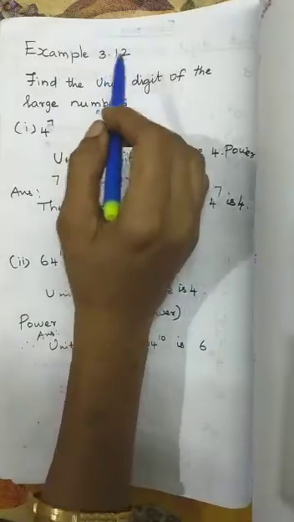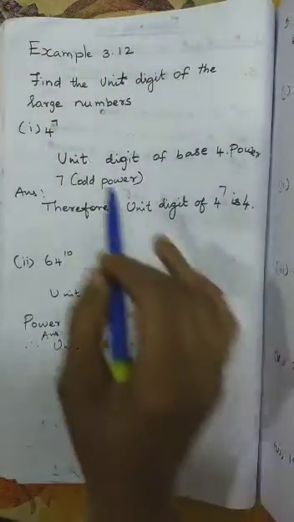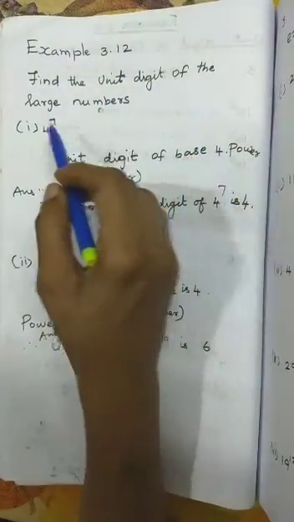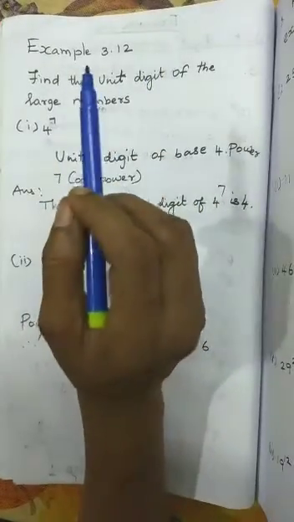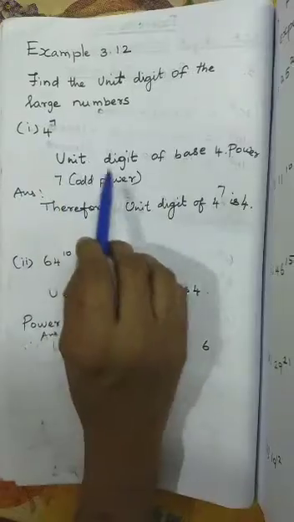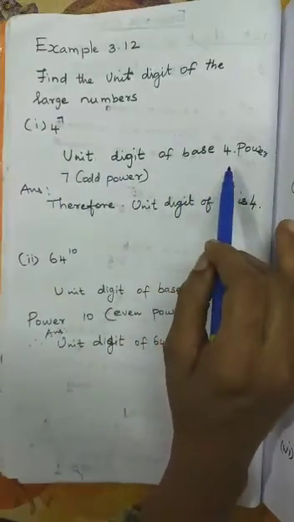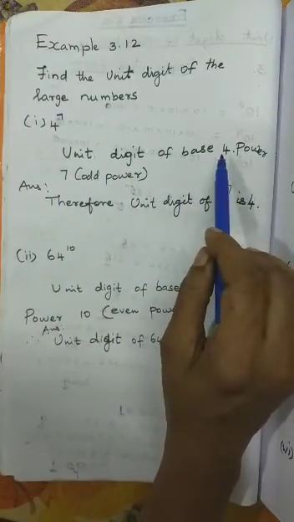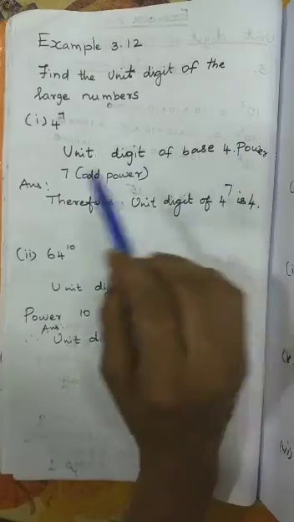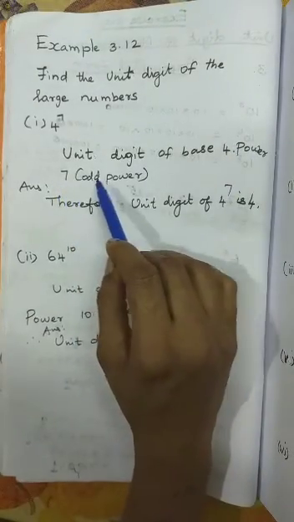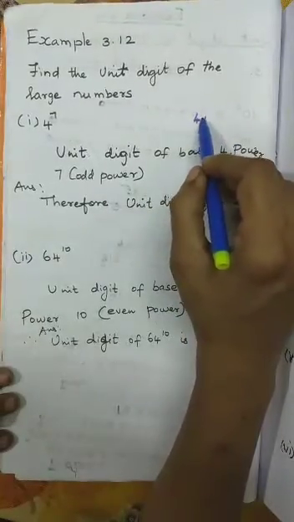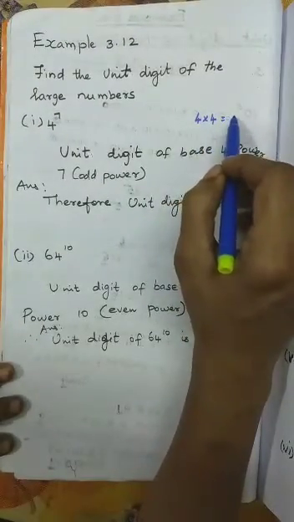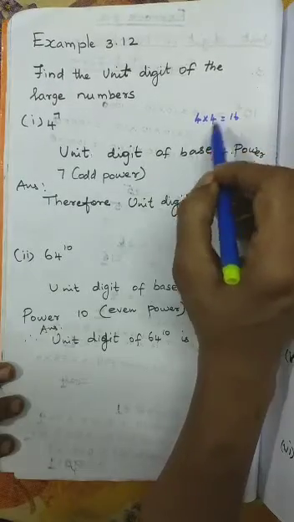Example 3.12. Okay. Find the unit digit of the large numbers. Okay. 4 power 7. Here, you have to see the unit digit of base 4. The power is 7. So odd power. Even power means 4 4s are 16.